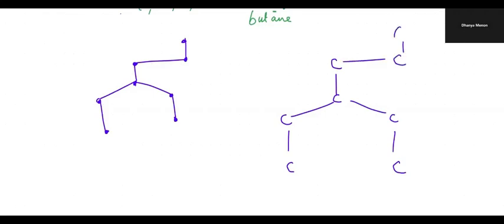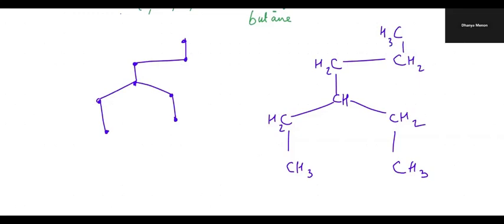One valency satisfied, three more needed, two valency satisfied, two more needed, three valency satisfied, one more needed, two valency satisfied, two more needed, one valency satisfied, three more needed, two valency satisfied, two more needed, two valency satisfied, two more needed, one valency satisfied, three more needed.